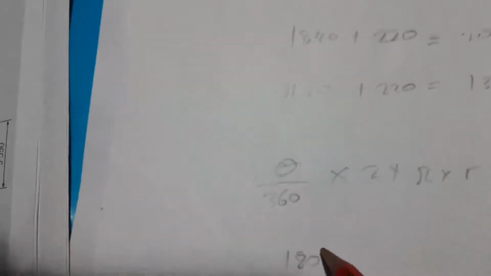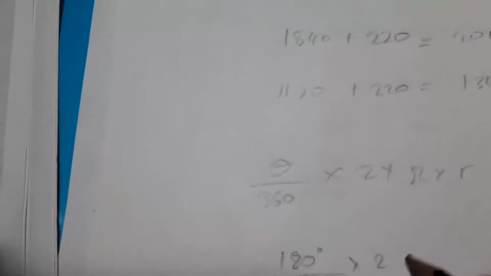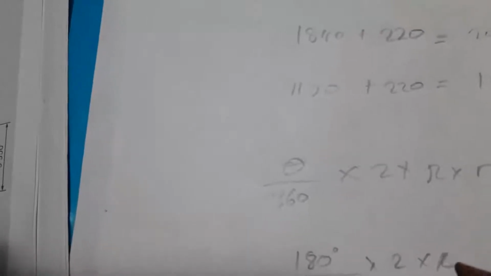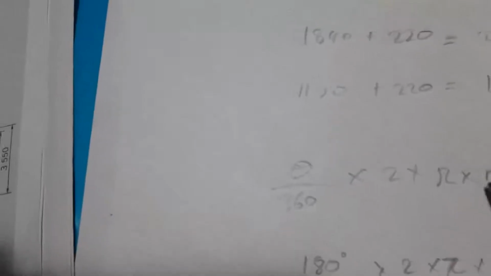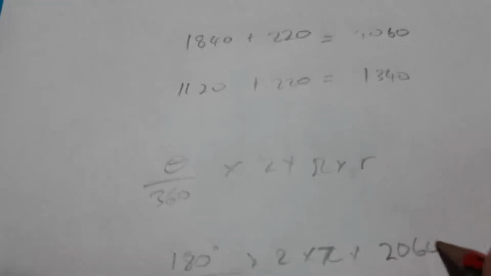So you can go and substitute 180 degrees over 360 times 2 times pi times your radius. Your radius was 2060.